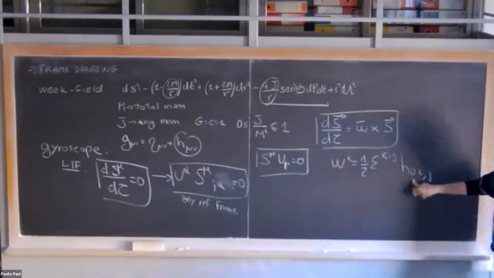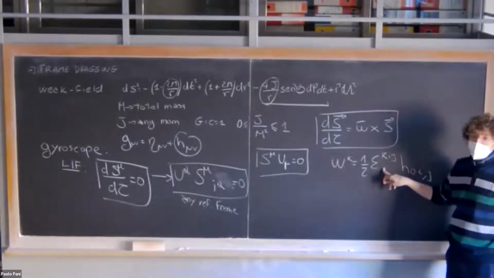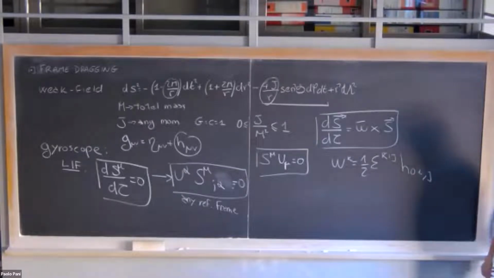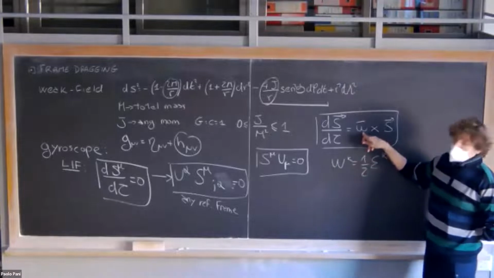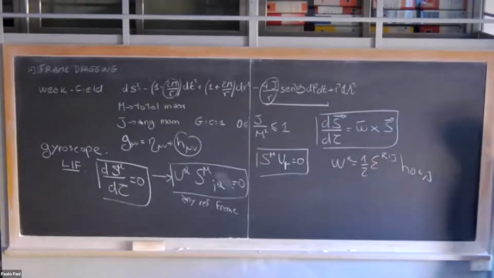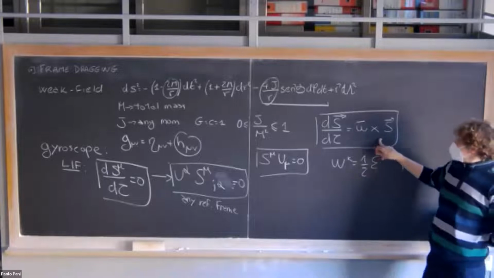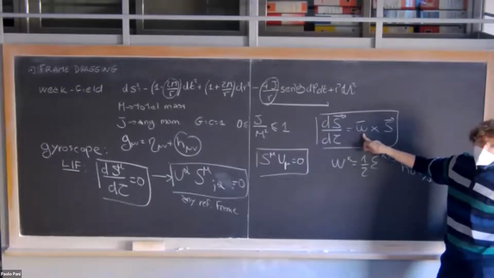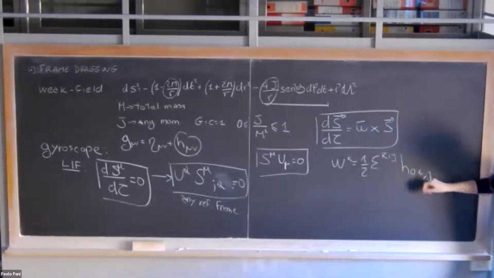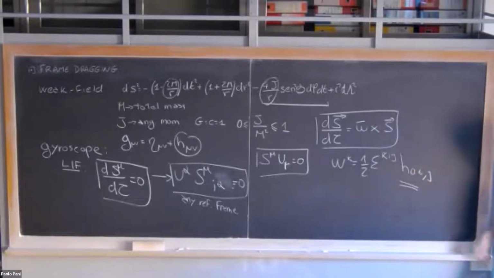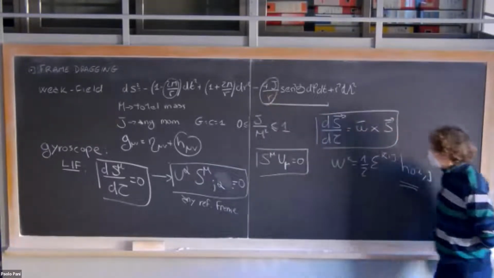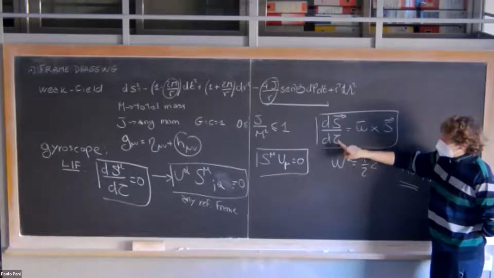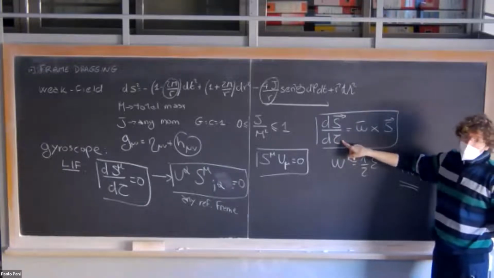where a comma denotes a partial derivative, epsilon is the Levi-Civita tensor, which is totally antisymmetric, and the k component of these three vectors is taken. What this equation tells us is that whenever omega is nonzero, which happens when we have an off-diagonal component of the metric perturbation, the spin three-vector is not constant along the proper time.